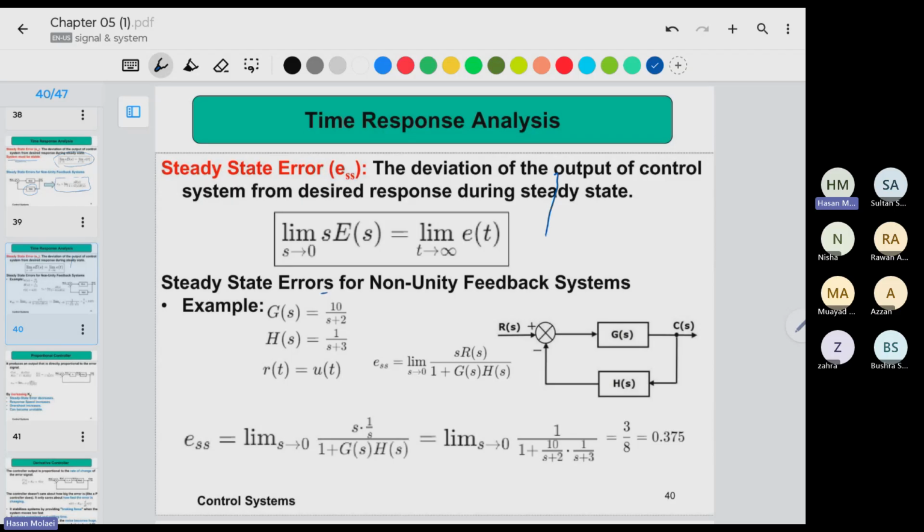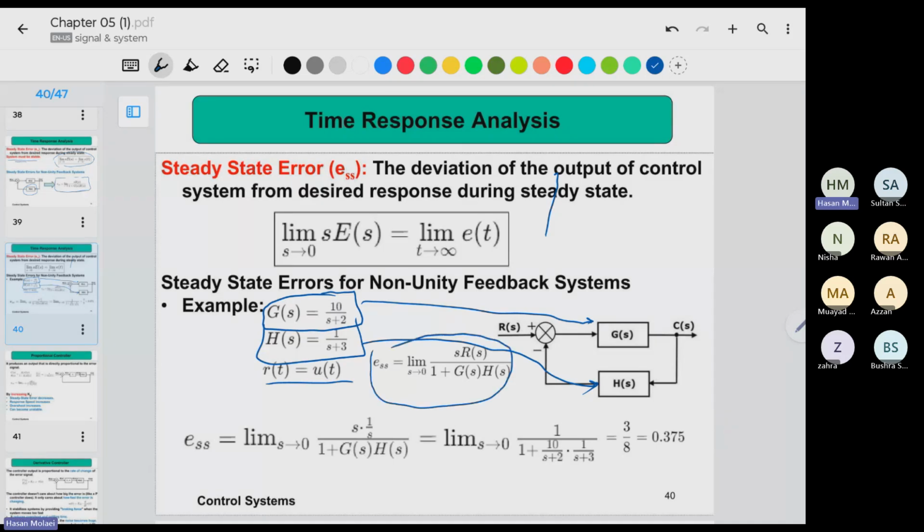Here is just one example. Assuming that G of S has this frequency response, and then H of S has this. Okay, and the input is a unit step. You can calculate the final error value by just solving this Laplace domain expression, which is not new.